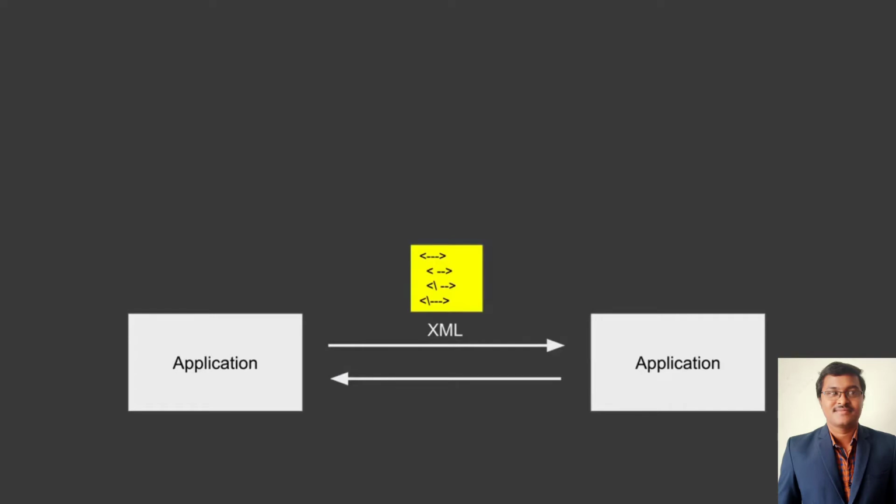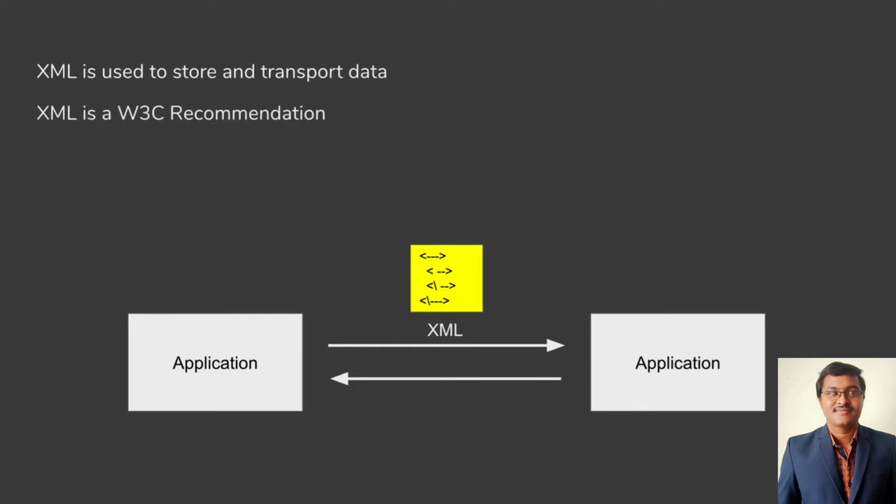Now we know that XML can be used for data exchange and communication between two applications. It can be client and server applications, and it is used to store and transport data, and the rules and specifications of XML come from W3C, that is World Wide Web Consortium.